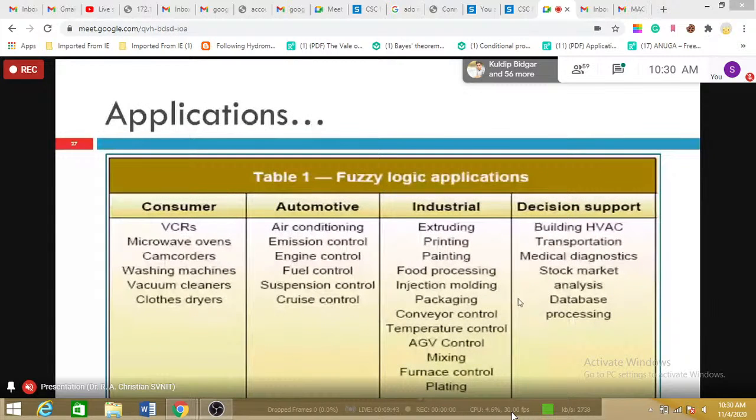Everywhere you see, fuzzy logic rule-based systems have dominantly come into our real life applications in our day-to-day life appliances. Okay, so this is how the fuzzy logic system works.